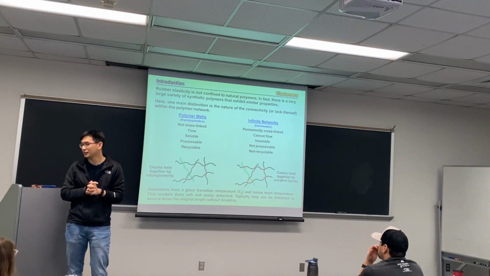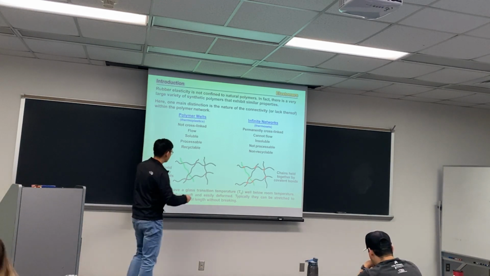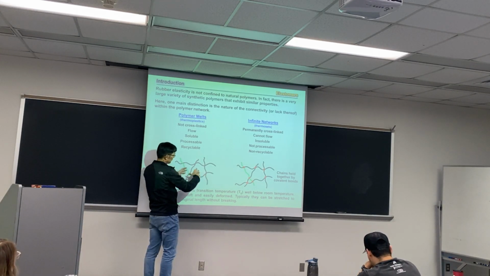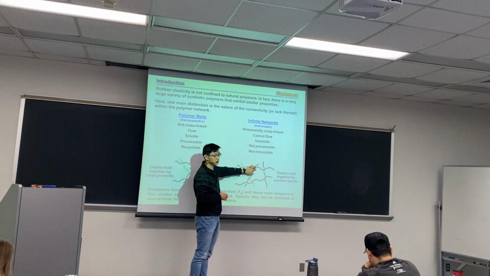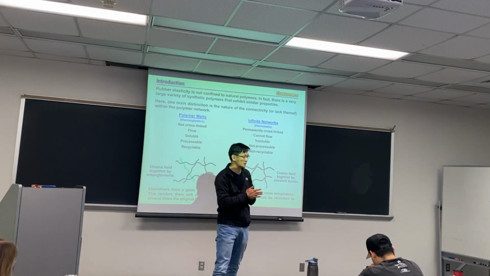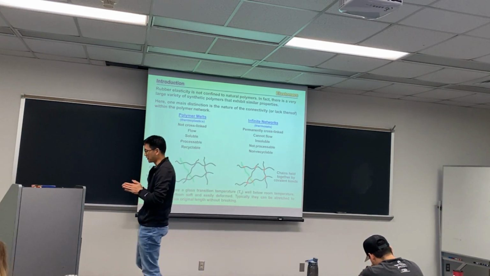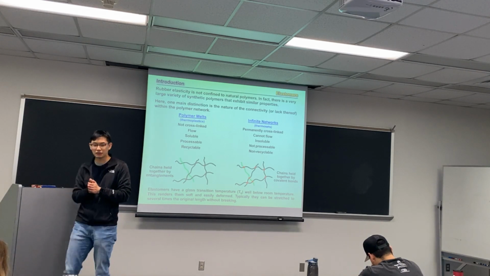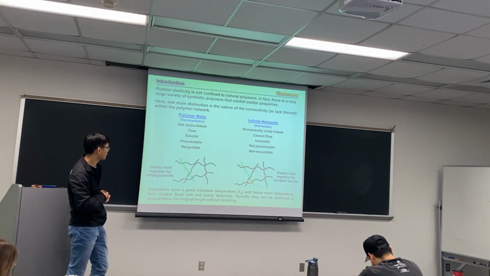In that case, 100 degrees, but you're still not going to have reversibility, because when you pull these chains, they're going to deform from a Gaussian coil to be elongated. And if you don't cross-link them at these points, they're just going to slide past each other and create a permanent deformation. That's another link to what a viscoelastic material is. So a lot of the time we also need to have cross-links.